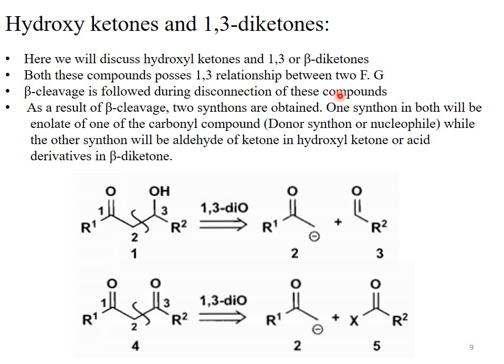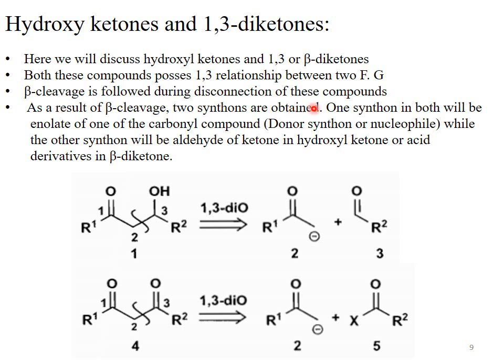I mean the bond present between the alpha and beta carbon will be disconnected. When the beta bond is disconnected, this cleavage is called beta cleavage. Remember, whenever we perform a disconnection in hydroxyl ketones or 1,3 diketones, we will perform beta cleavage.